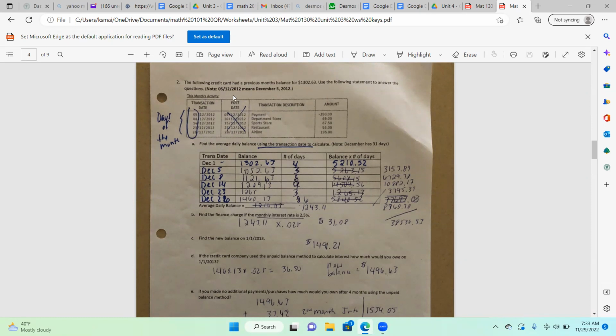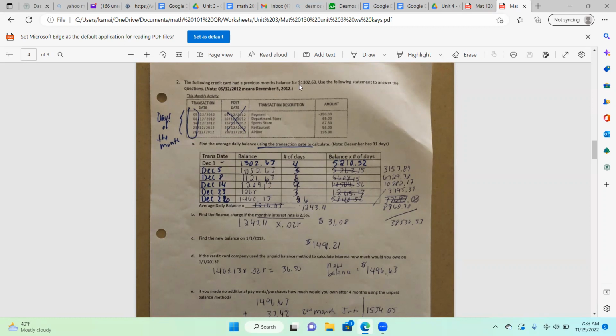Also note the way they wrote this in the date, that this is the day of the month and 12 is the month. And so if we rewrite in our table here the correct days of the transactions, December 1st, 5th, 8th, 14th, 23rd, and 26th, these are the balances that we had on those days.